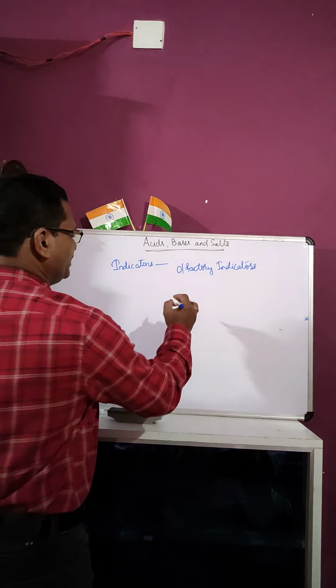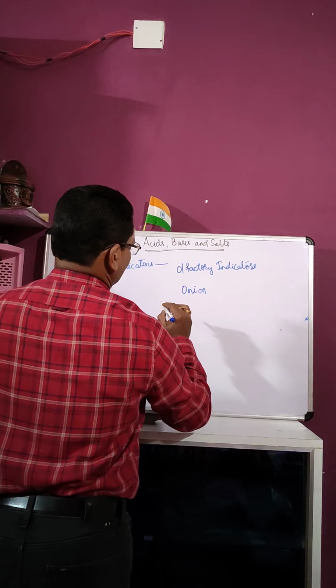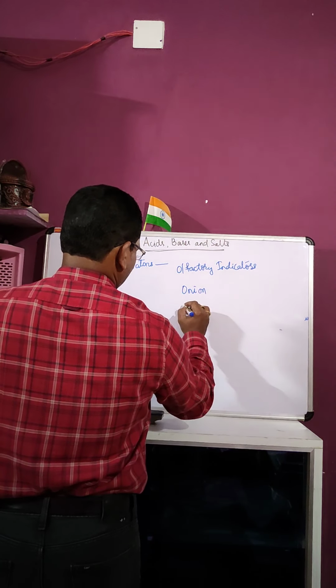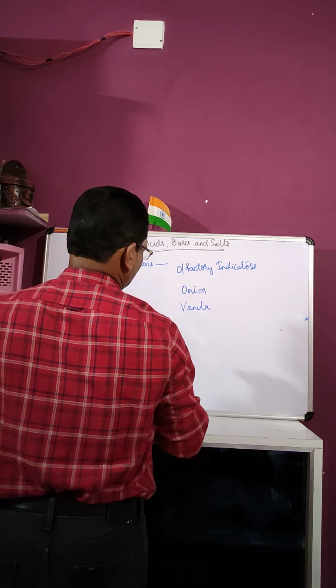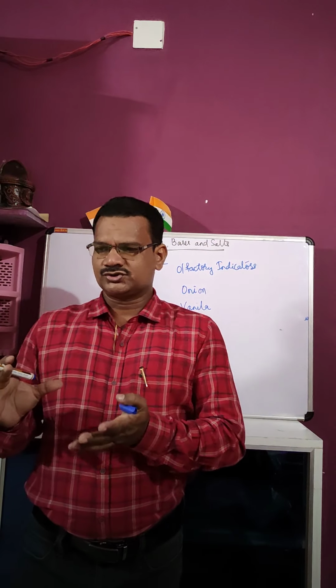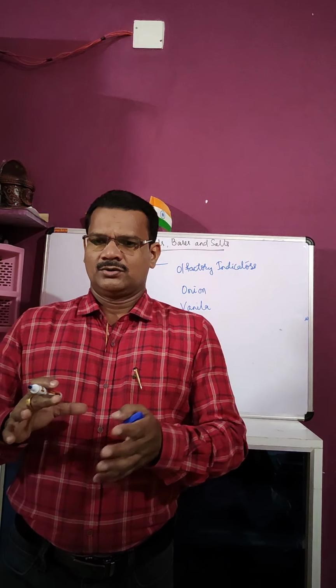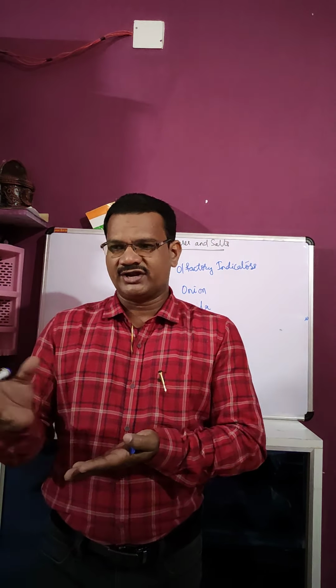Examples of olfactory indicators: we have onion, then we have vanilla extract, and clove. So suppose we wrap some chopped onion in a cloth and keep it for one day.